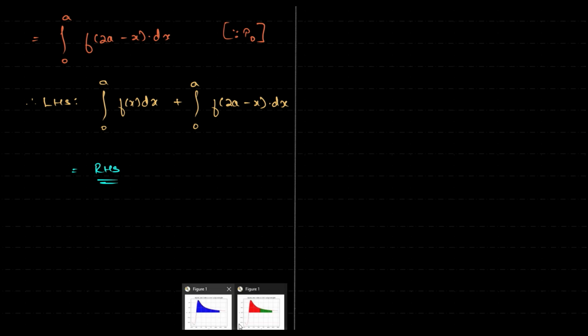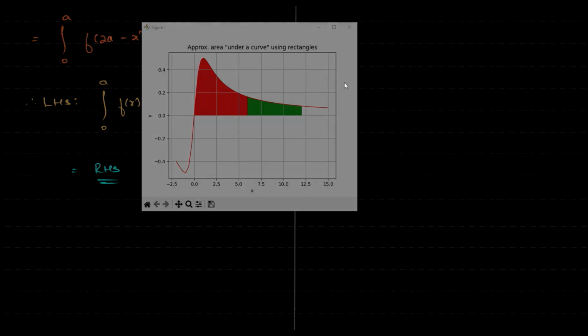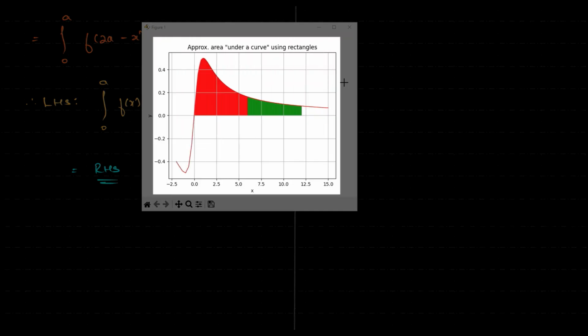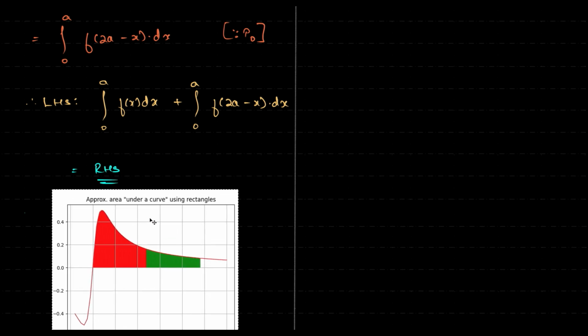So let me explain the reasoning behind it. I would like to make use of the graph. Of course, mathematically we saw the reasoning, but let me explain it graphically also. If you put the values, the first integration is clearly this, this being the 0 and this being the a, and the integration starts from 0 to a.